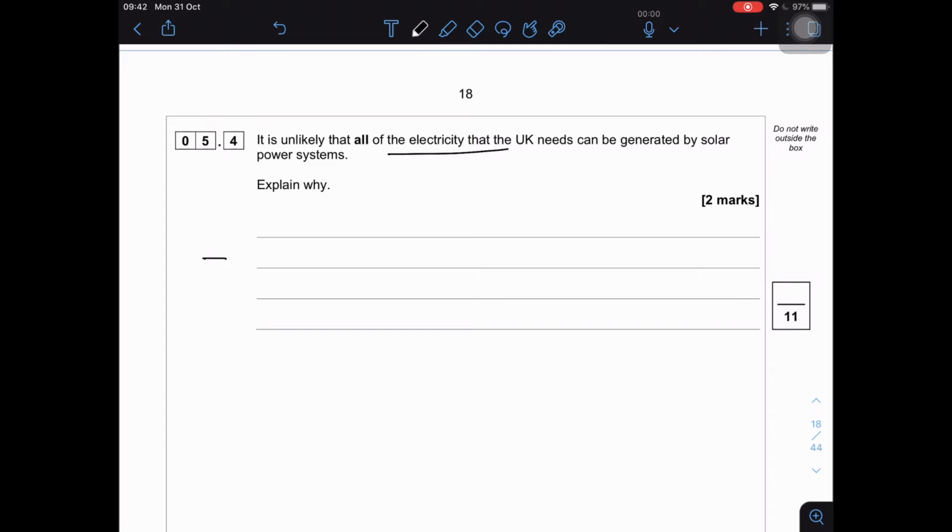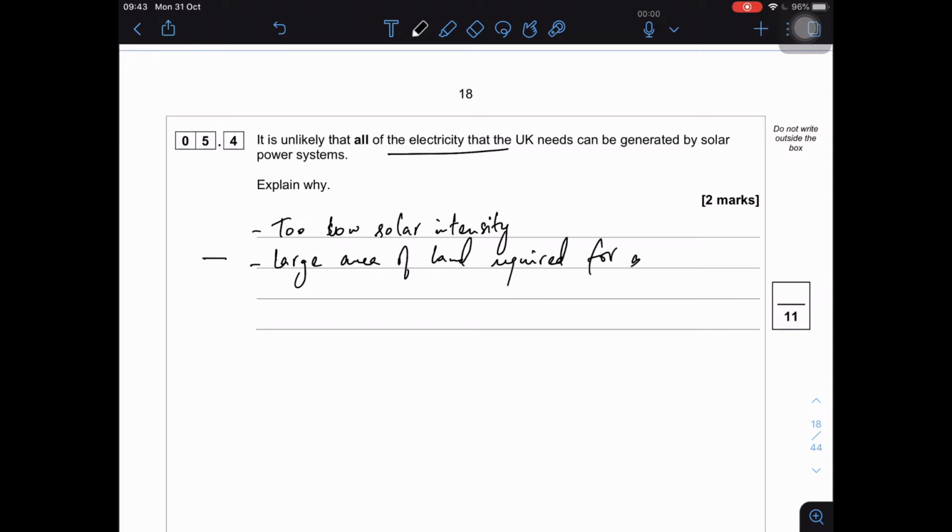Also, you can say due to low solar intensity, we can say a large area of land required for solar cells.